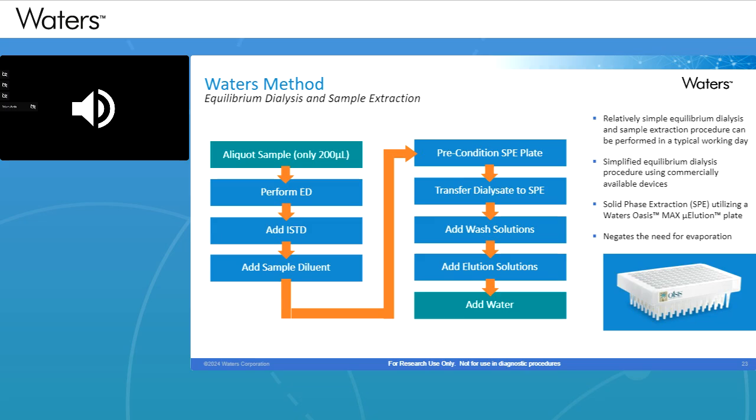And using the RED devices, we were able to create a relatively simple procedure, where we added only 200 microliters of sample to the device for the equilibrium dialysis procedure, and then sample extraction, and the whole process could be performed within a typical working day.